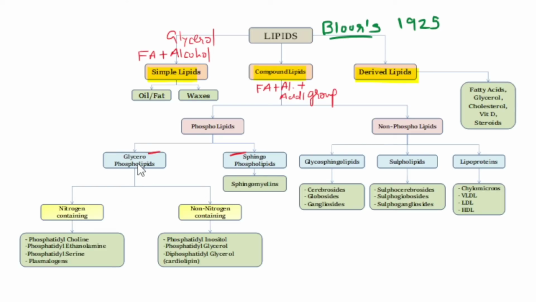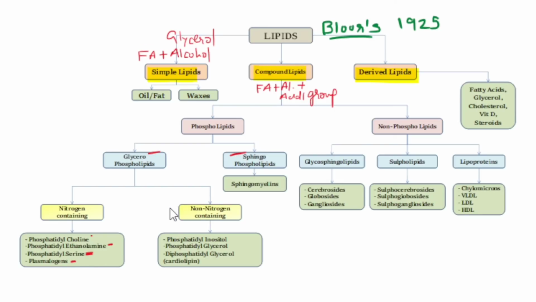Glycerophospholipids again, if it is a nitrogen containing base: phosphatidyl choline, which is important in lung surfactant; phosphatidyl ethanolamine, which is important for blood clotting because of similar structure to thromboplastin; phosphatidyl serine, which is important for memory function and apoptosis; and plasmalogens, which are an important precursor for platelet activating factor.